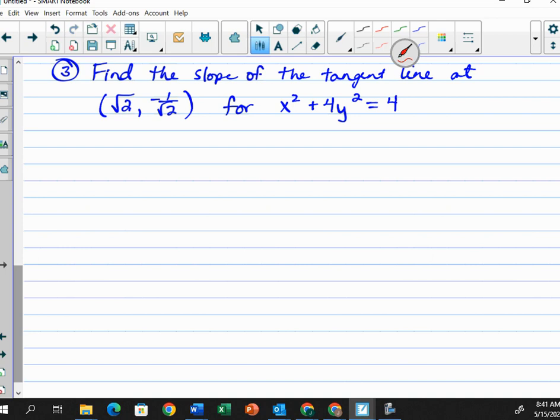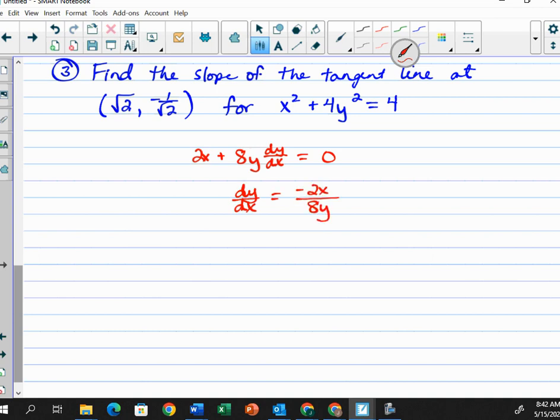All right, let's go through the derivative. How do I take the derivative of x squared plus 4y squared equals 4? 2x, and so on, equals 0, okay? I'm solving for dy dx. What happens to the 4?